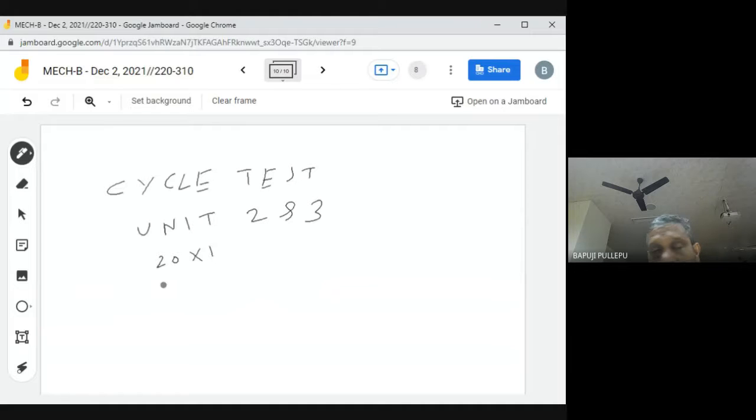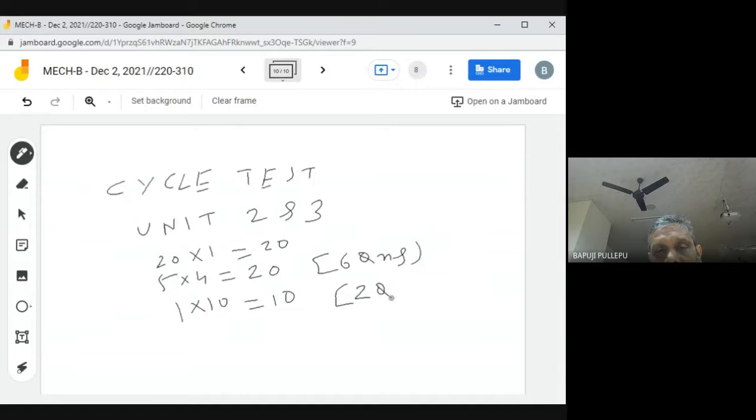Part B is 5 into 4, 20 marks. Part C is 1 into 10, equal to 10 marks. In this they will give 6 questions and you should attempt any 5: from unit 2, 3 questions, and from unit 3, 3 questions. Part C has 2 questions, and you should attempt any 1. One is from the second unit, one from the third unit.